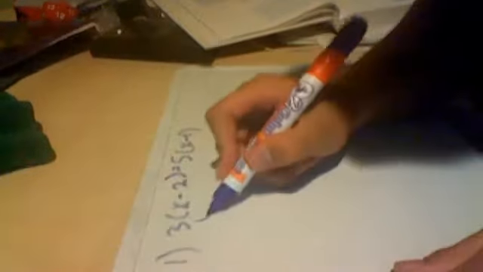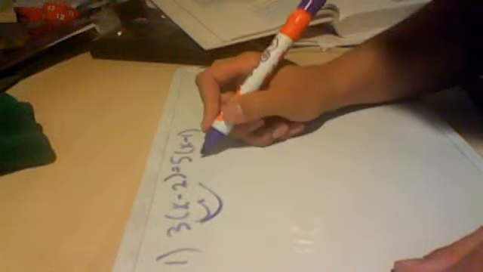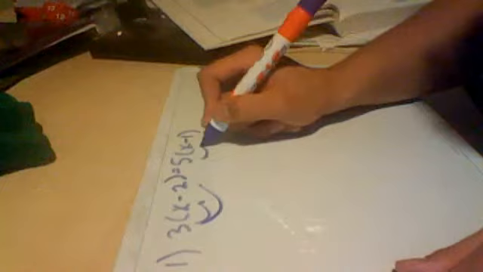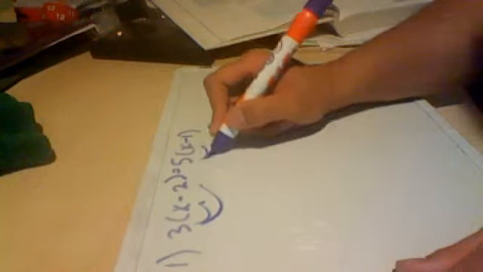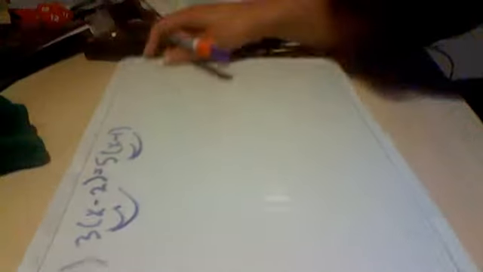Using the rules of distribution through multiplication, we can distribute our 3 to the x and our 3 to the minus 2 in the parentheses on the left side of the equation, and on the right side, we can distribute the 5 with the x and the 5 with the minus 1.